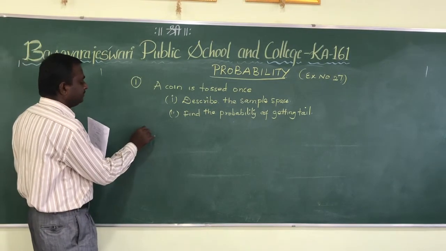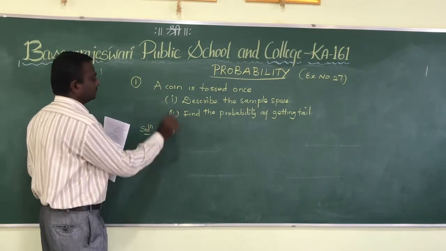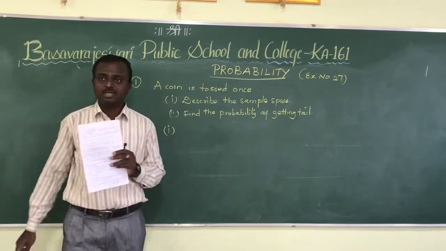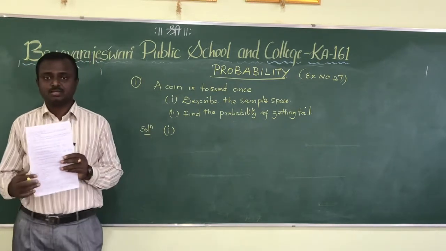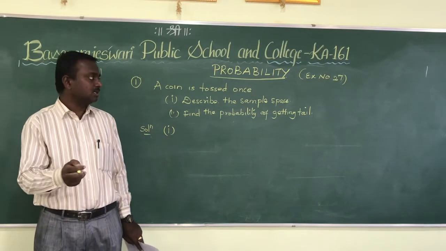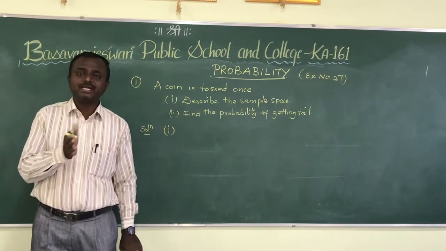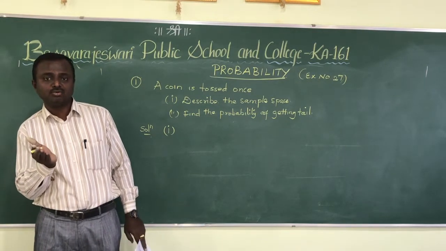So solution. First question, we have to write the sample space. So how can we write the sample space? When a coin is tossed once, you may get head or you may get tail. So how many outcomes you may get?